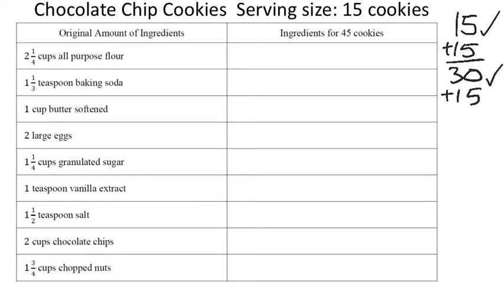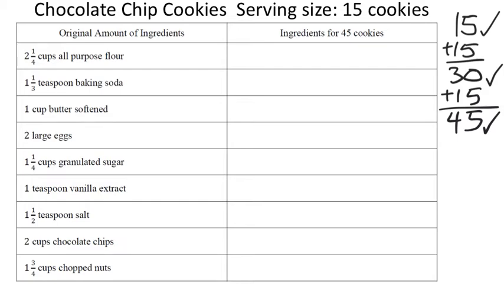If I add another 15 to that, I'm just looking for some kind of relationship of multiples and this 45 cookies, which is what we need to do first so that we know how to treat these values for the ingredients. 0 plus 5 is 5, 3 plus 1 is 4, 45. And that's the third multiple.